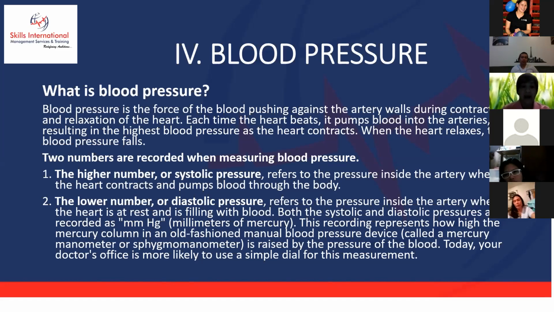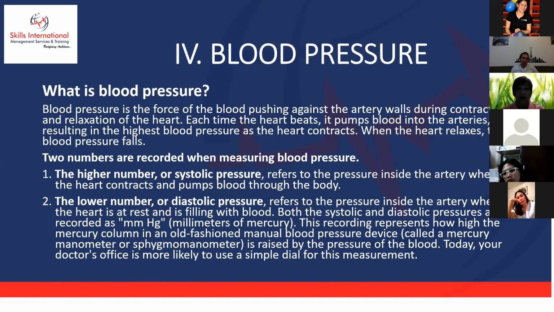And the lower pressure, the lower number, the last number heard, is the diastolic pressure. The recording represents how high the mercury column rises in the old-fashioned manual blood pressure device called a mercury manometer, or the sphygmomanometer that is considered the aneroid.